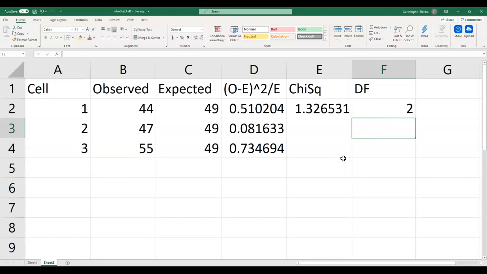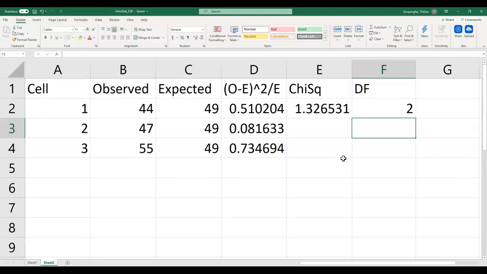Now, in order to compare, you have to compare that particular calculated value with a standard chi-square value. For this case, you have to go to page 97 in your lab manual. Page 97 lists, for different levels of degrees of freedom, a tabulated theoretical chi-square value.